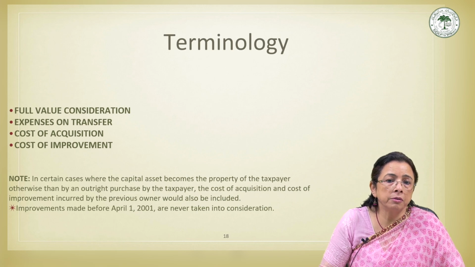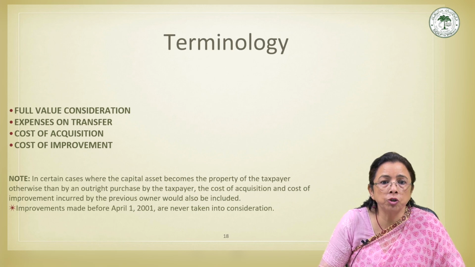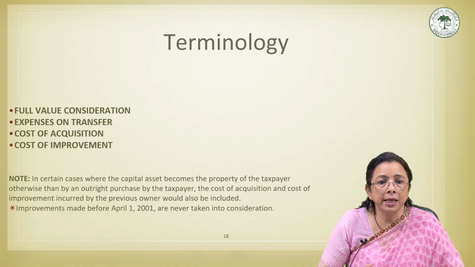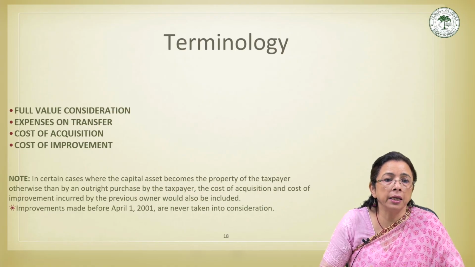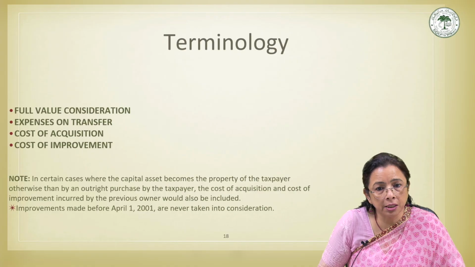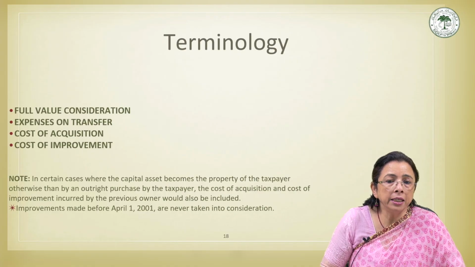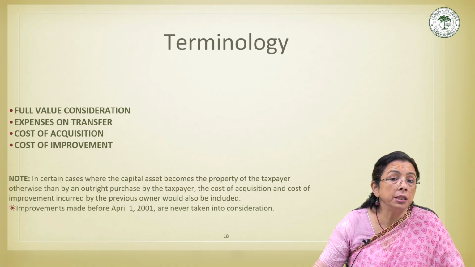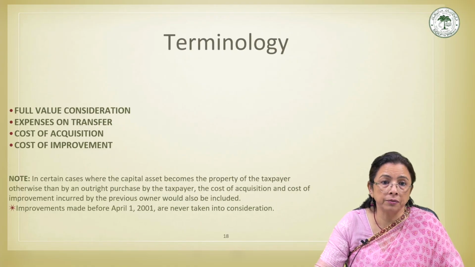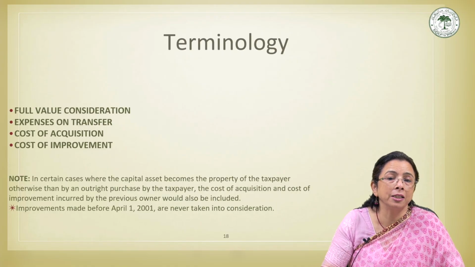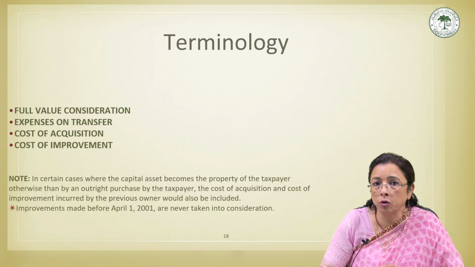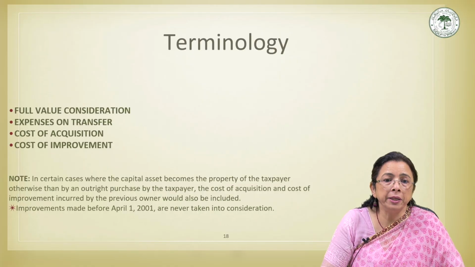Common examples will include brokerage or commission paid to an agent, legal fees, advertisement expenses for sale, or stamp duty in certain cases borne by the seller, etc. The key condition is that the expenses must be directly related to that transfer. It should not be that an expenditure of anything else can be included. No, it cannot be done.